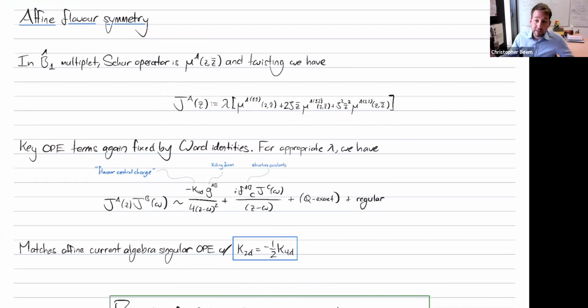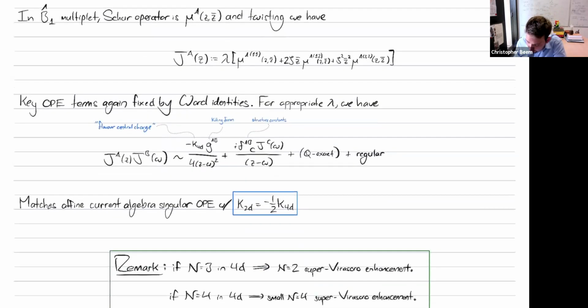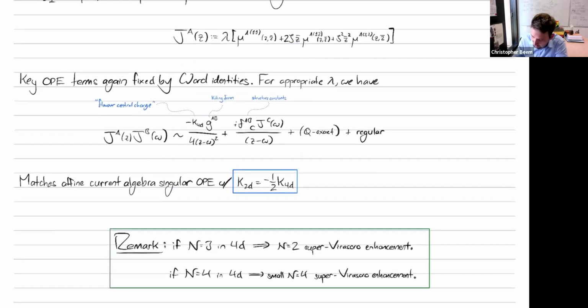And once again, because this is an operator that has some connection with more conventional four-dimensional symmetries, we have some control over its self-OPE in terms of Ward identities for that four-dimensional global symmetry along with superconformal symmetry. And if we choose normalizations correctly, then we get something whose OPE, again, looks familiar. It looks like the affine version of that four-dimensional global symmetry.